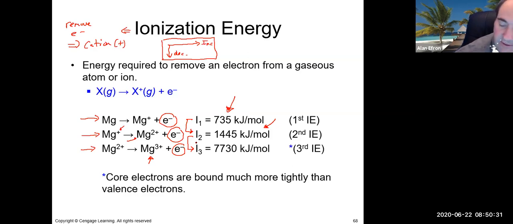If we write the electron configuration for magnesium, it's 1s2, 2s2, 2p6, 3s2. The electrons in the highest energy level are what are known as valence electrons. They're the highest energy level.